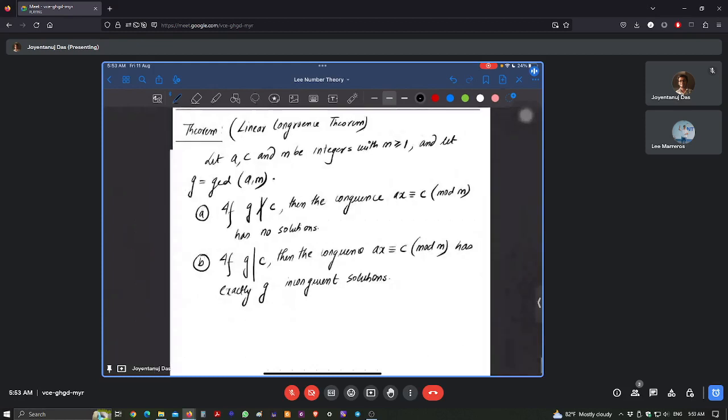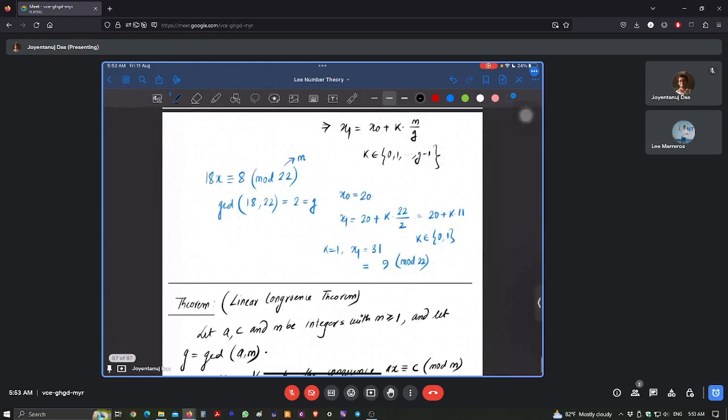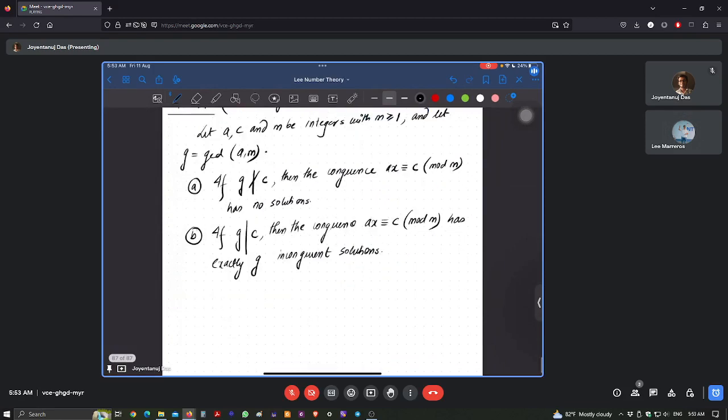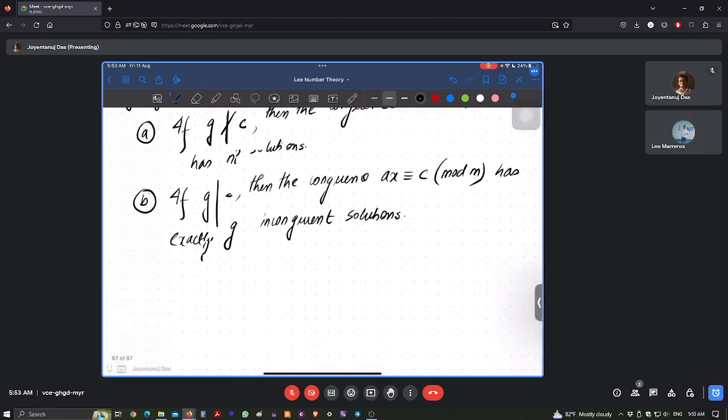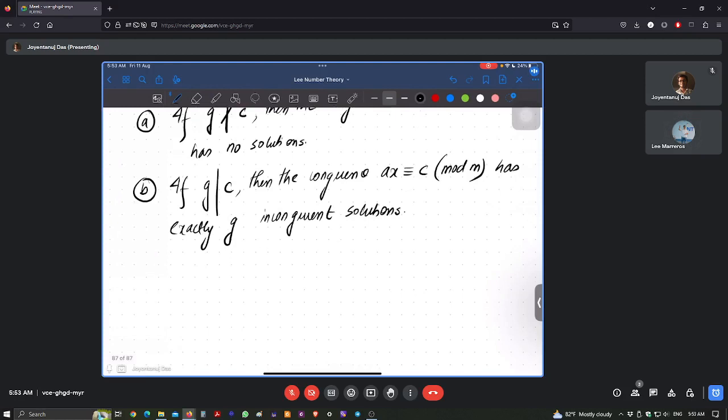For example, here g was equal to 2, so that's why we got two solutions. It has exactly g incongruent solutions, and they also tell us how to find them explicitly.